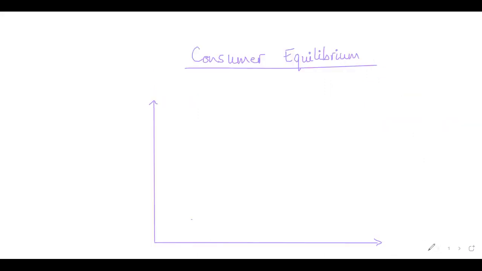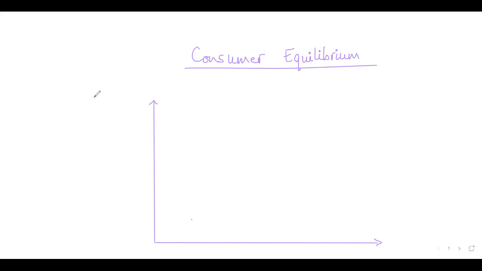Now, when you have to choose between different products, you are doing this on some basis. What factors help you decide which products to buy and which products not to buy? That is all explained by the consumer equilibrium model, right?